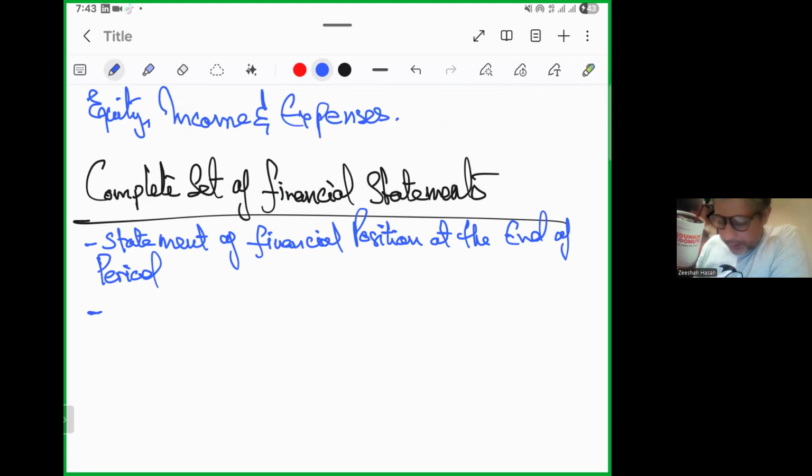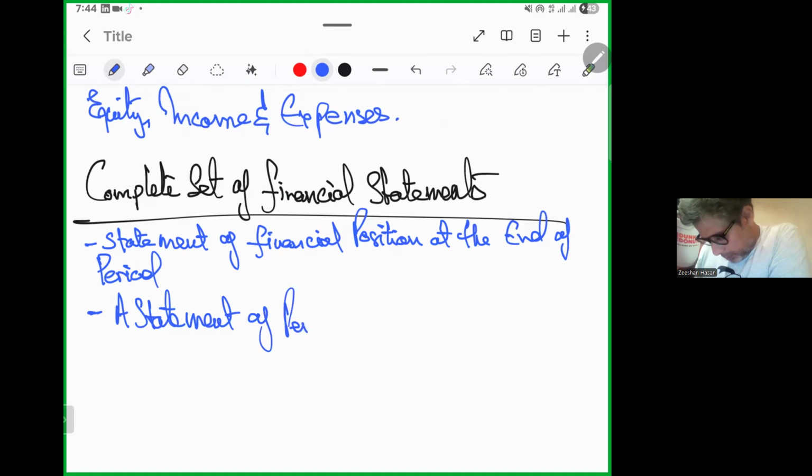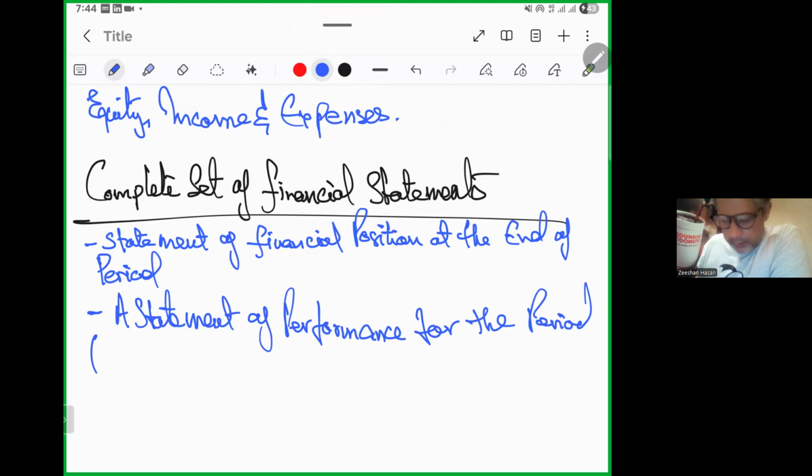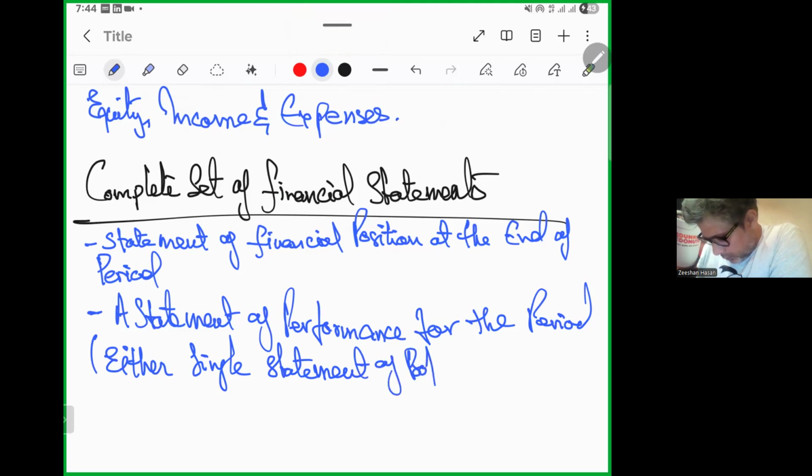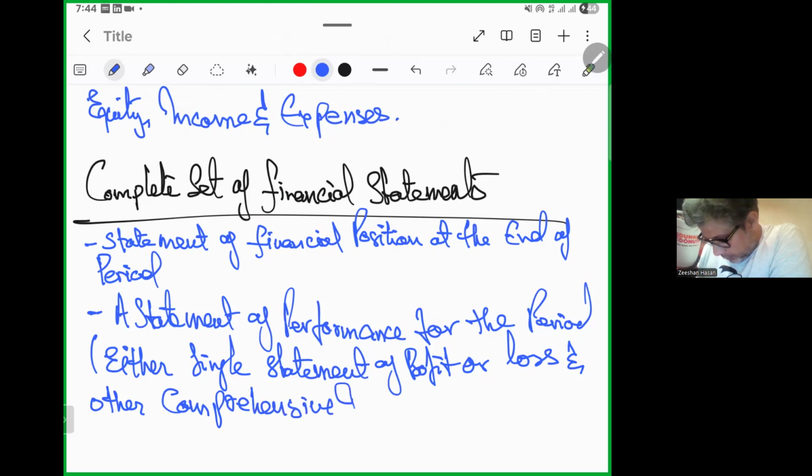A statement of performance for the period, either a single statement of profit or loss and other comprehensive income, or two separate statements.